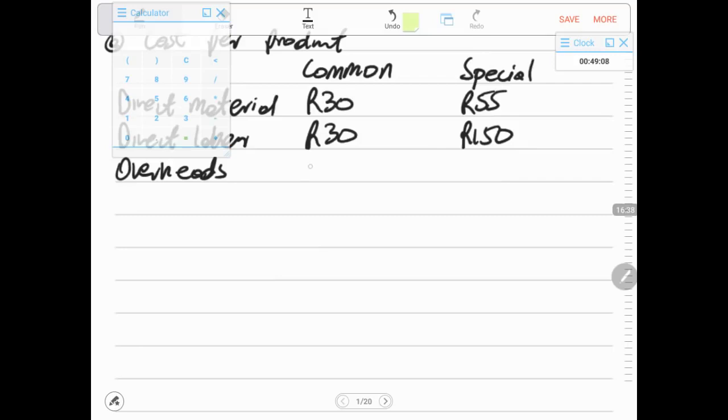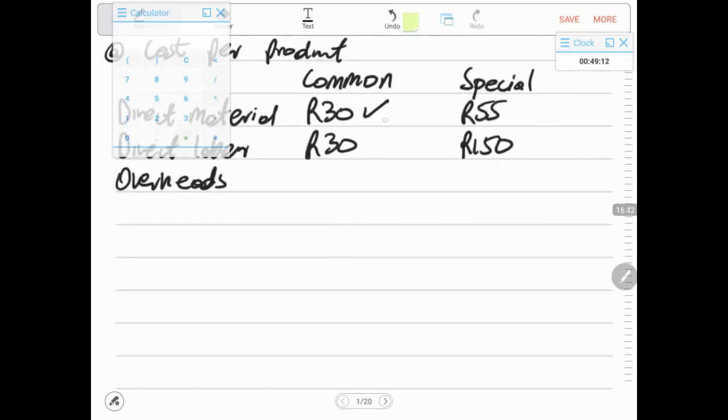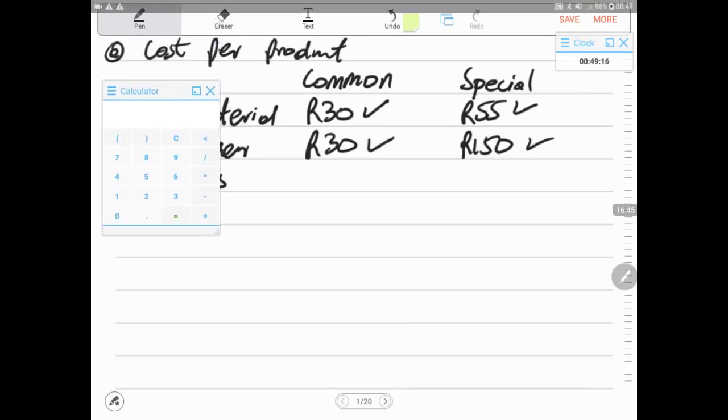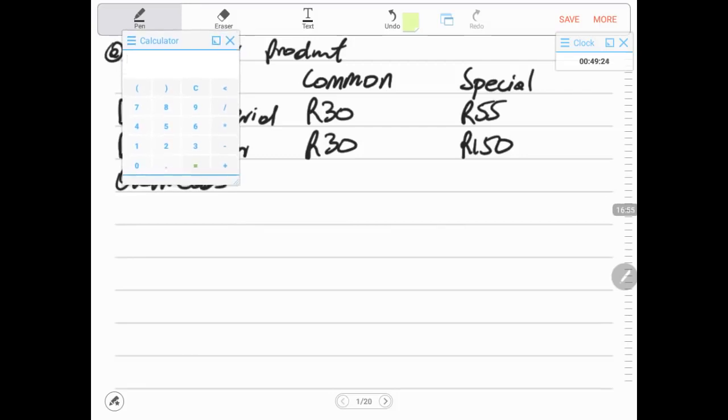Then when it comes to our manufacturing overheads, remember, this is already per unit. And if it wasn't per unit, that still wouldn't be a problem. We were just going to divide by the cost per unit at the end. Then we need to first calculate what we call the predetermined overhead rate, which is POR.